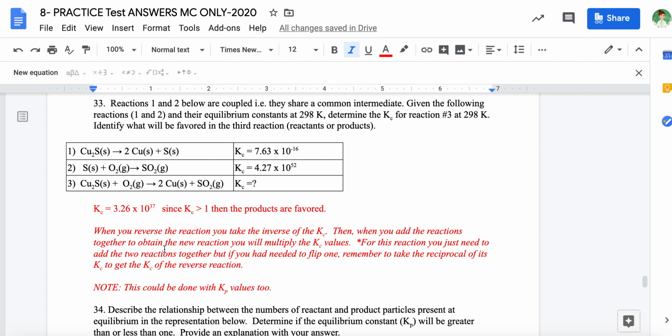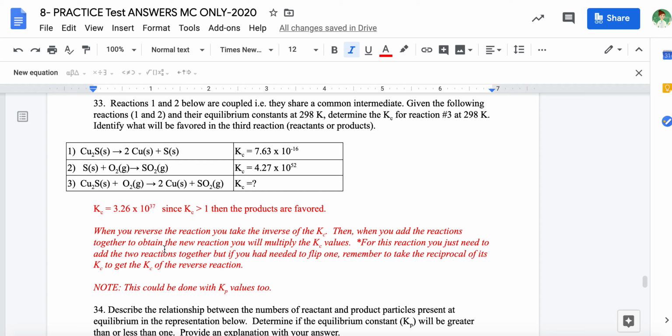All right, number 33. This question has us trying to manipulate the reactions to get the K for a third reaction. So the worksheet would be properties of the equilibrium constant, which I think is topic 7.6.